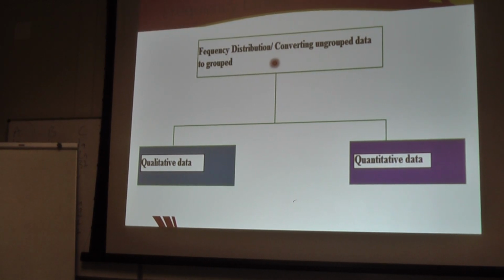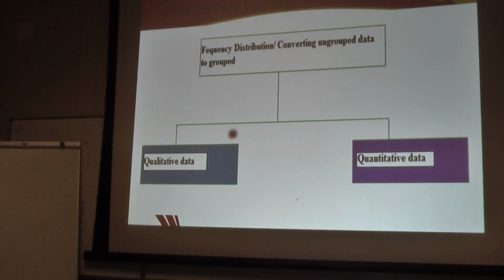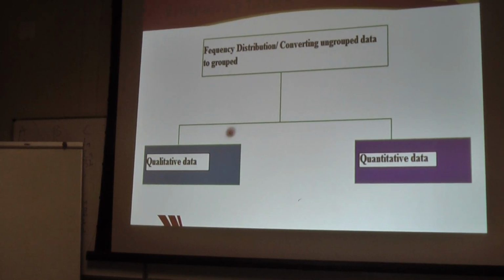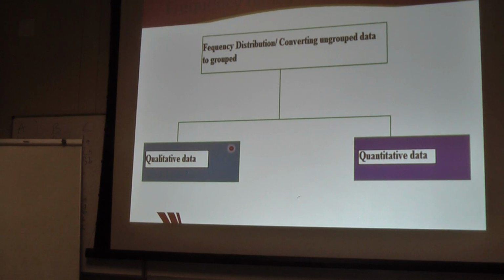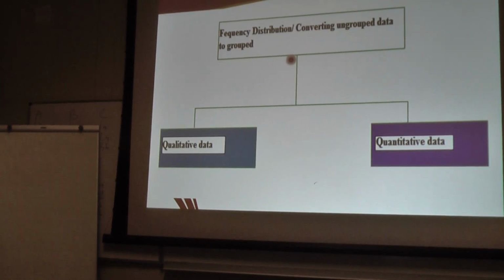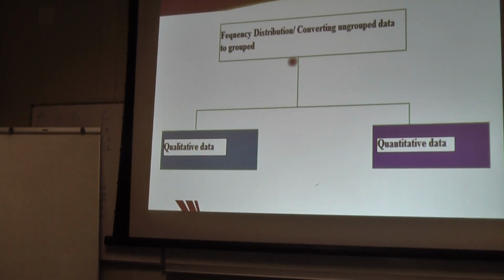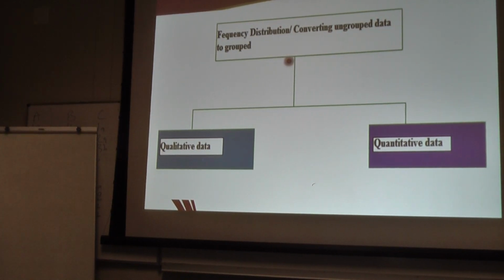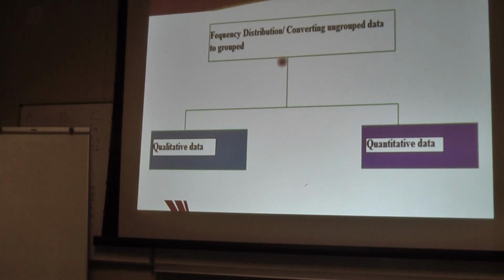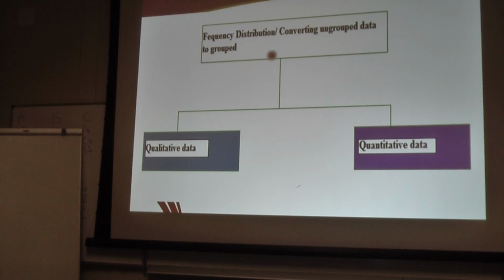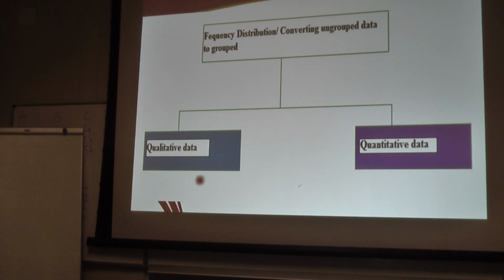So to convert ungrouped data to grouped data, it's actually as good as creating a frequency distribution table. So a frequency distribution table is the grouped form of the data. This slide simply shows that frequency distributions can be created for both qualitative and quantitative data.